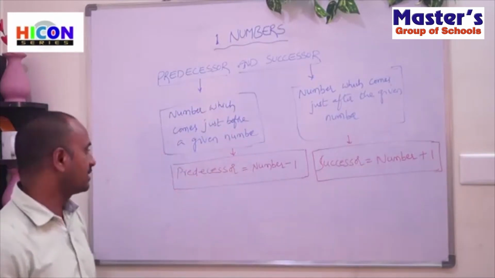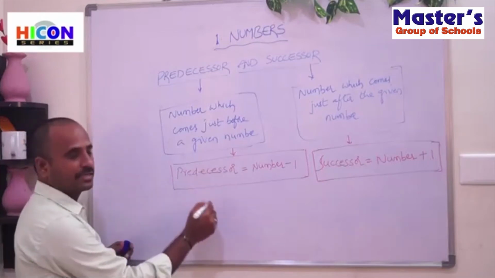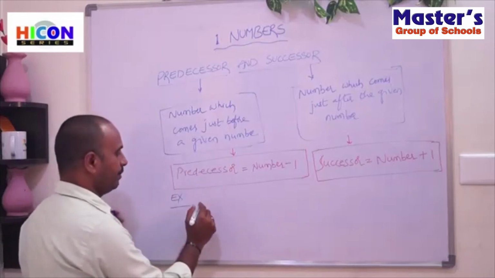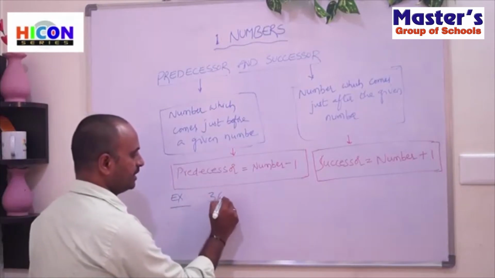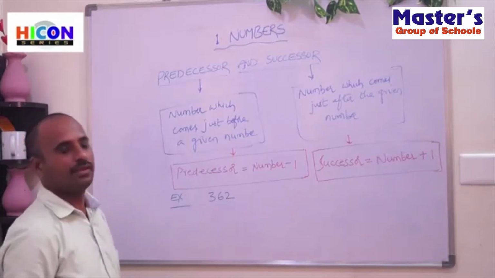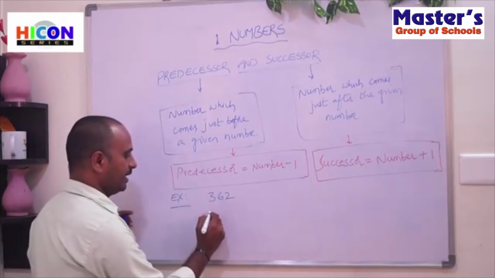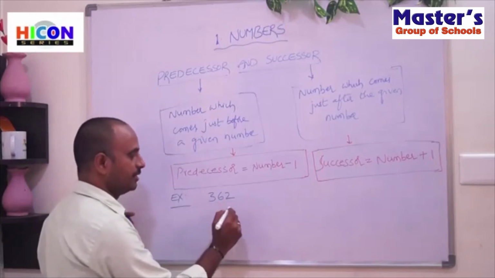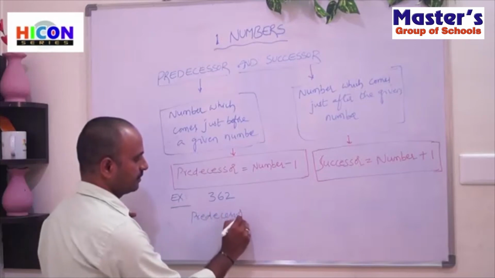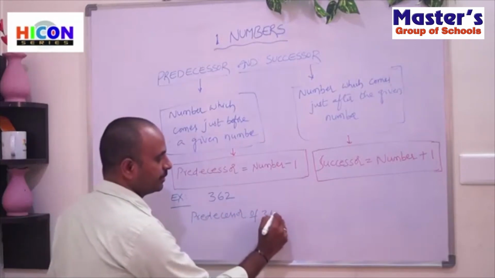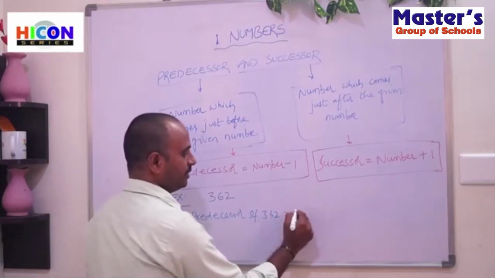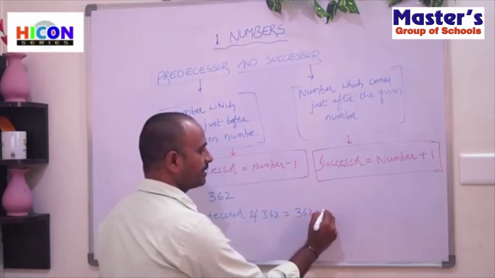So let us take some examples of how to write predecessor and successor. For example, the predecessor of the number 362. How to write the predecessor? Predecessor of 362 is equal to 362 minus 1.